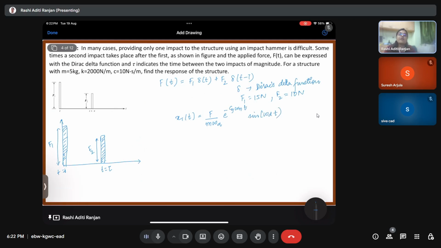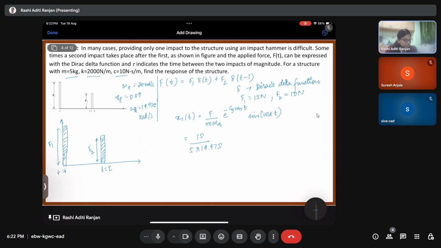right? When we put the values, we get 15 by 5 into 19.975, because here also if you'll see the values are same. So if we find out omega n, it is same as 20 radians per second, eta as 0.05, and omega d as 19.975 radians per second, because the parameter values are same as that of the previous question.